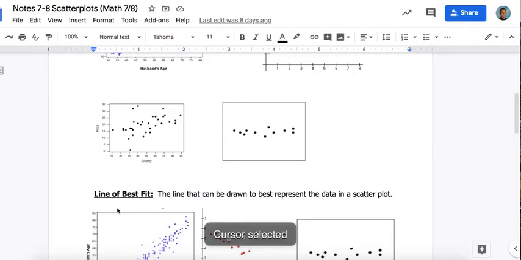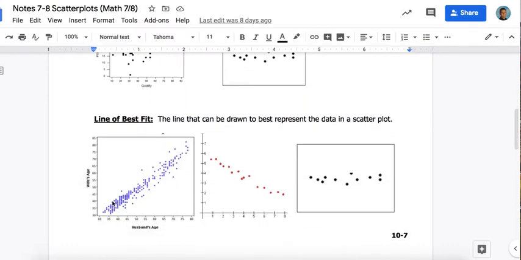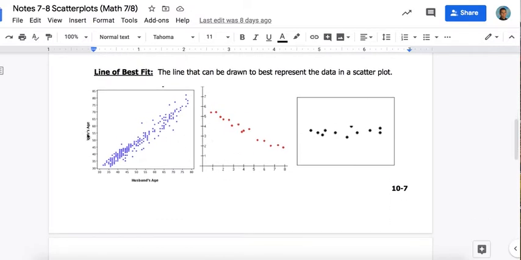Okay, this brings us to the line of best fit. It's the line that can be drawn to best represent the data in a scatterplot. So what does this tell us? It helps in making interpretations and predictions about the data. If you look here, as the wife's age increases, husband's age increases.